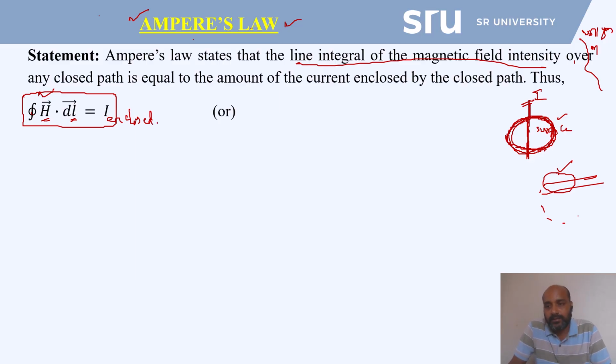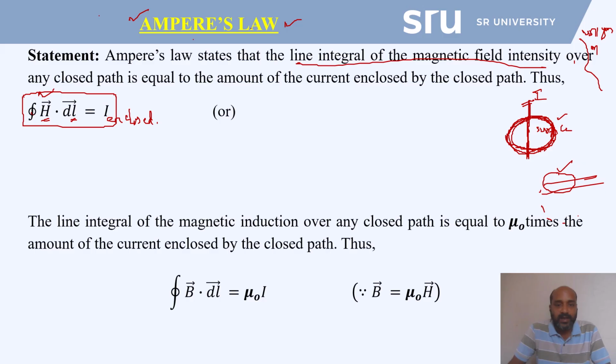Or you can define that in terms of B also. The definition is the same on the left side. Instead of magnetic field intensity, we say magnetic flux density. So the line integral of magnetic field induction, or the line integral of magnetic flux density over any closed path, is equal to mu naught times the current enclosed by the closed path, right?